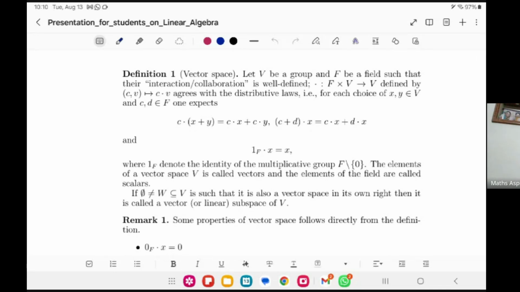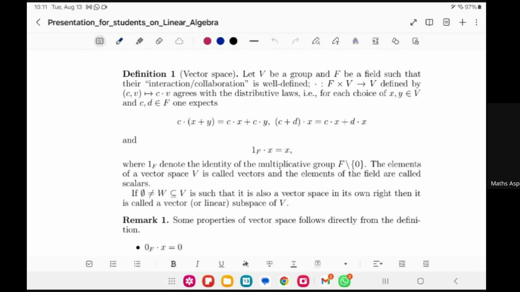The name, in fact, came from vectors as we know them. Mostly they are written as columns, but sometimes people also write them as rows, like a matrix. You can think of this as a matrix with a single row or a matrix with a single column. That's how the name came. And after that, it was generalized later. I'm not sure of the exact date, but it was definitely a concept that was later developed into what we see today.